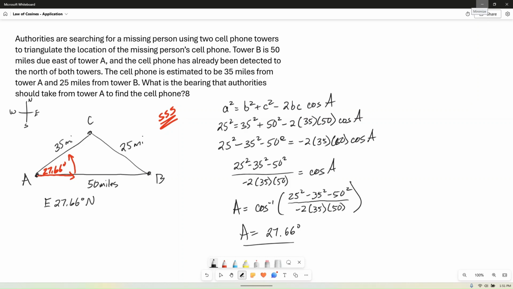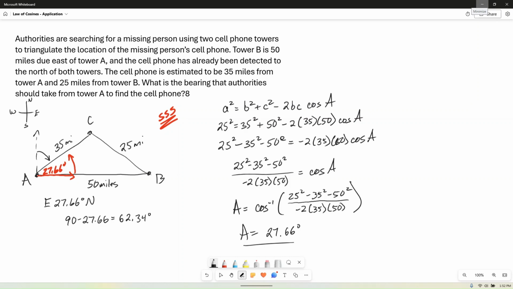The other way that we could write this is if we use north as our starting point. If we think of north as going straight up from point A, what is the angle that we're going to turn east? The two of those angles are complementary. So 90 minus 27.66 is equal to 62.34 degrees.